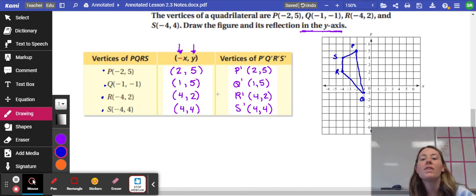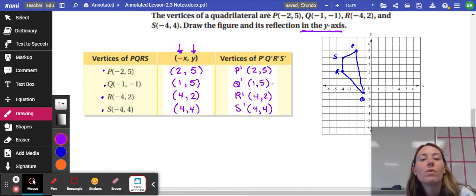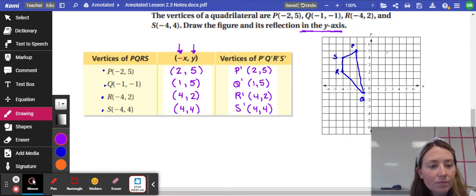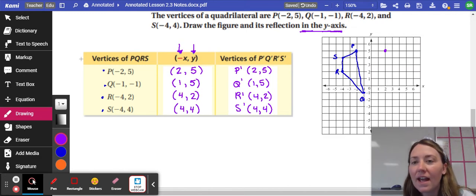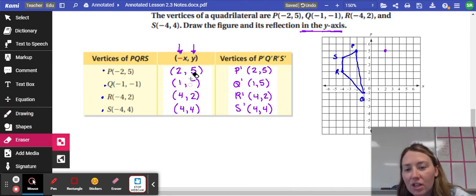Okay, and then when I plot these next 4 points, it should be a perfect reflection over the y-axis. So we have 2, 5, 1, 5, oh, and you can see that I made a mistake here. I'm going to take out my eraser. The y-coordinate should not change.